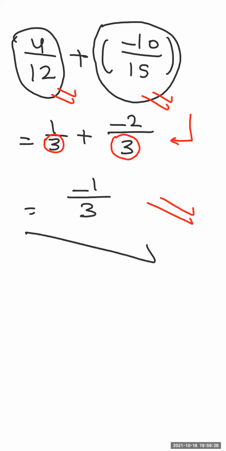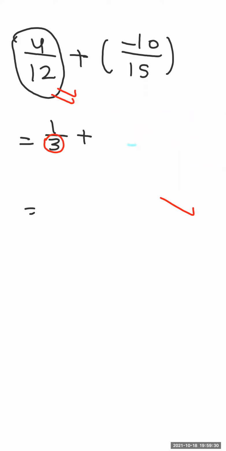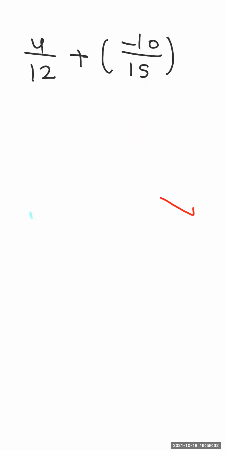So in this question, guys, again, it's 4 over 12 plus negative 10 over 15. Like before, if we solve it by using the first method, we just multiply the denominators. So 12 times 15, it will be 180. And the other number also over 180.